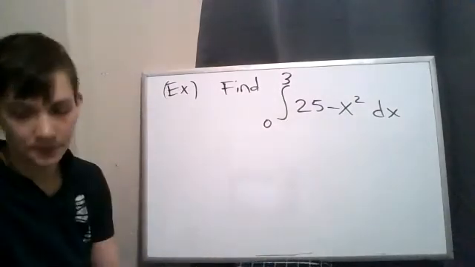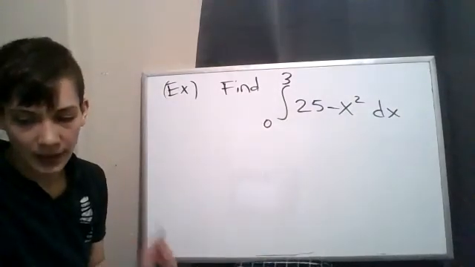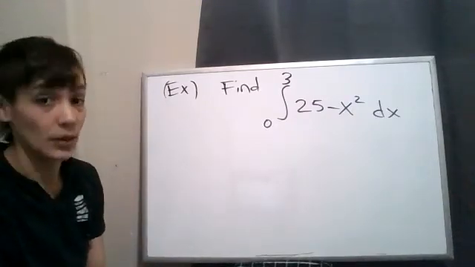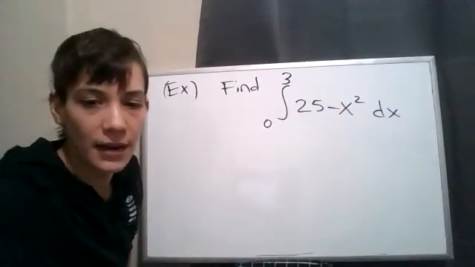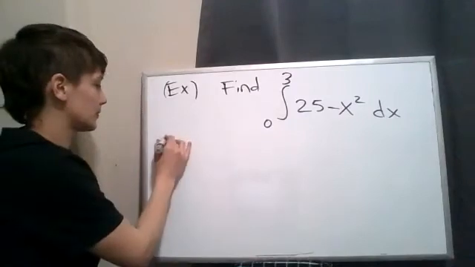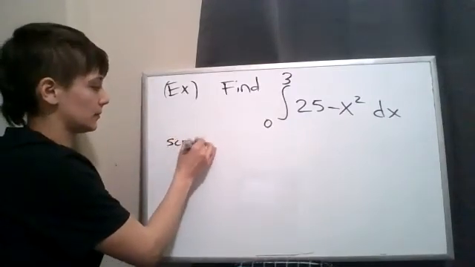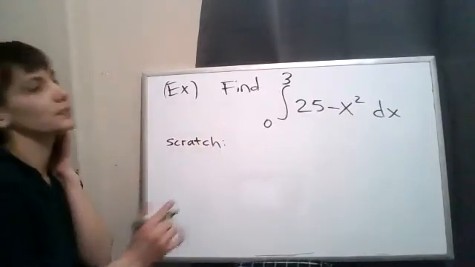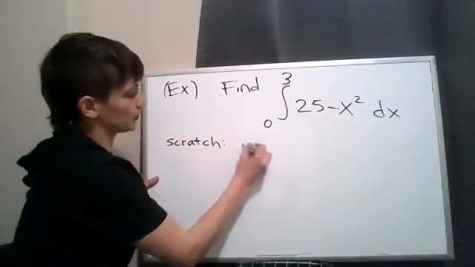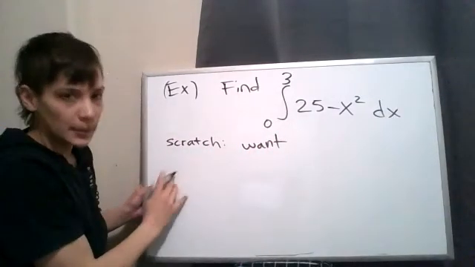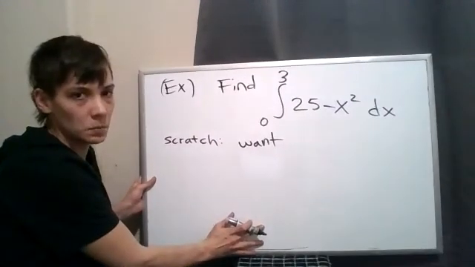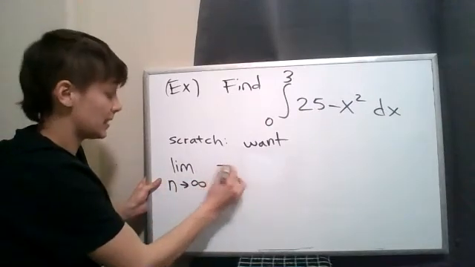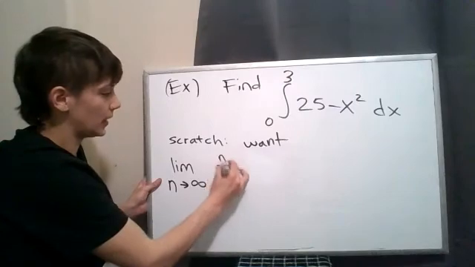Going to do that limit. So I'm going to write down what it is in general, and then we'll actually do all of the work to find the limit. Okay, so we want the limit as n goes to infinity. The sum from i equals 1 up to n.